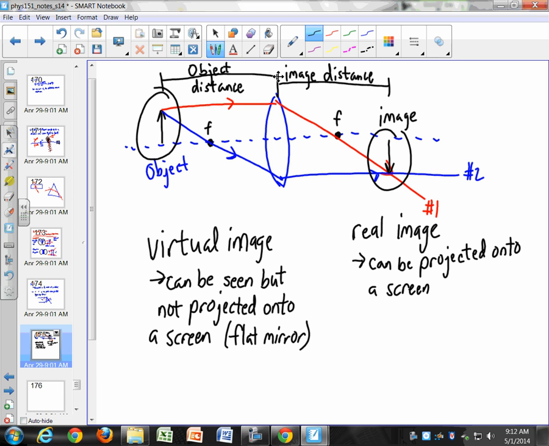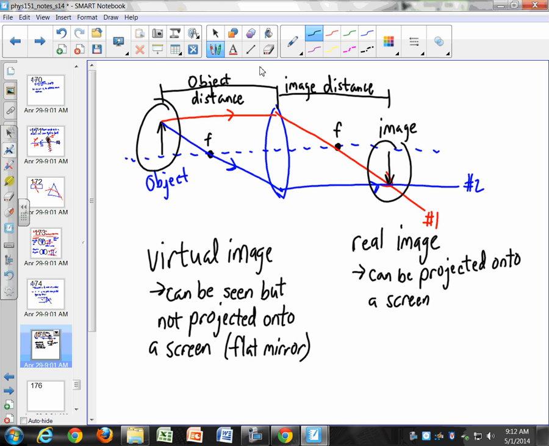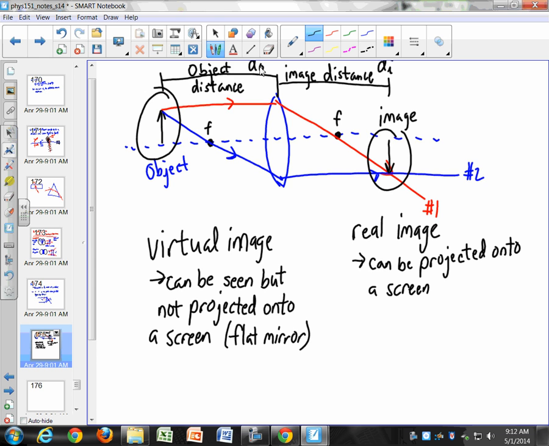The image distance for a real image is positive. Oh, by the way, the variables that we'll use for this are DO, the distance to the object, and this is called DI. If you ever see this elsewhere, sometimes they're listed as P and Q, but I won't use that in this course. Those are just the variables that we'll use, DO and DI.